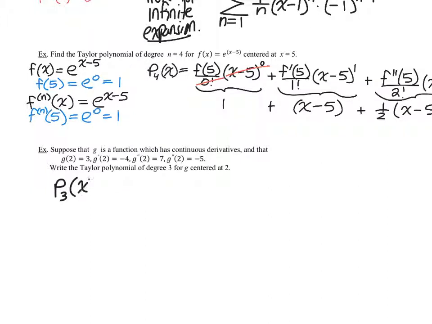p sub 3 of x would be equal to 3 plus, you're looking at -4. So I guess I could say minus. I'll just kind of cut the fluff there. Times x minus 2.